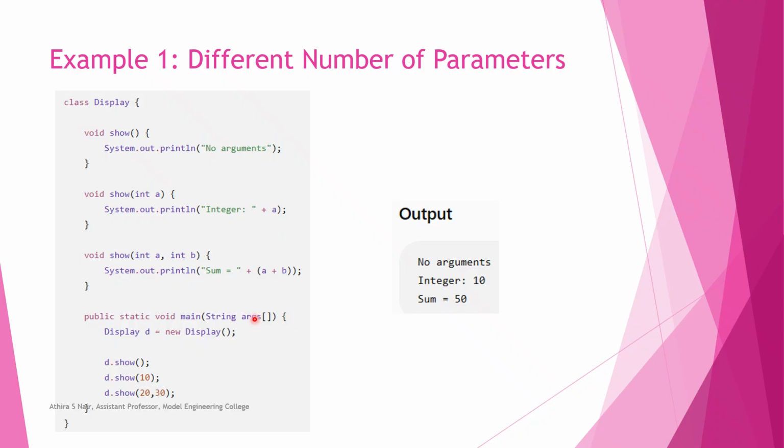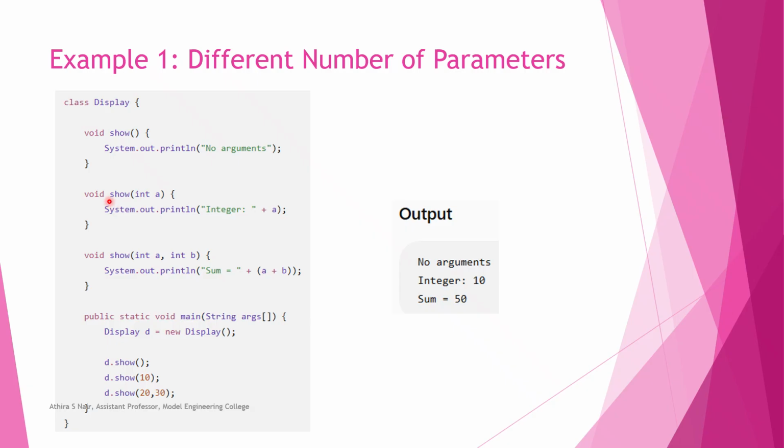So in the main function, first we are creating an object d, and then when we call d.show, here there is no argument. So the first function will be called and the output will be no arguments. When we call the second function d.show(10), here it checks the argument. So the argument is an integer value and only one argument.